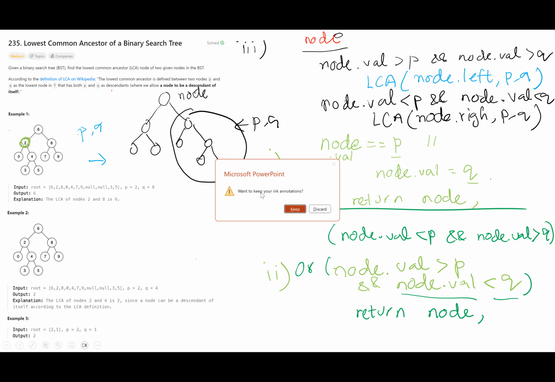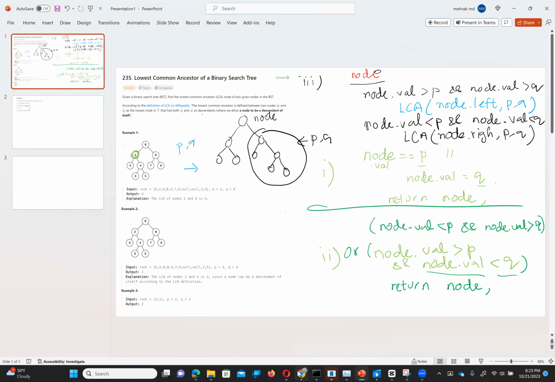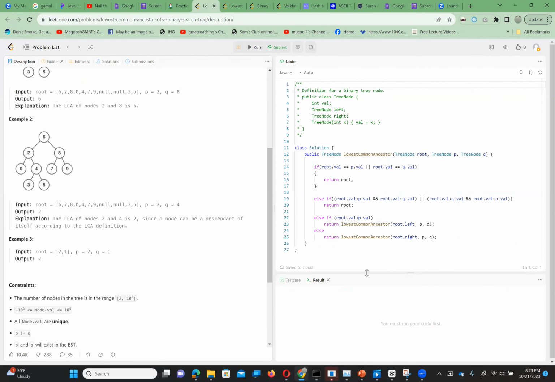Now the code. So let's check the code. I already have coded it. So you see, I am using it as a recursive function. And if I do recursion, I can actually traverse the tree as DFS.